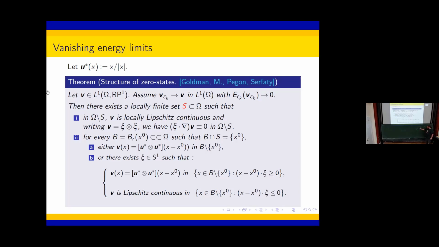So it's Lipschitz continuous and constant along its own direction. Okay, and if you take x naught a point in the singular set, and you take a ball centered in x naught which does not meet the singular set except at x naught, then you have two possible situations.